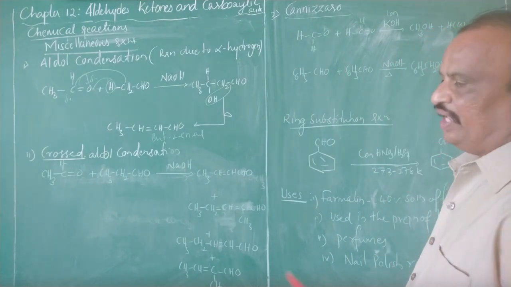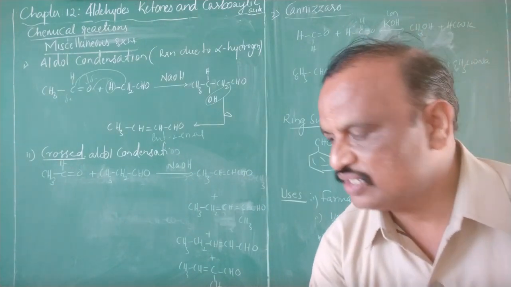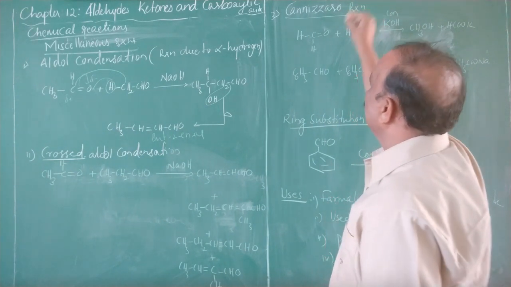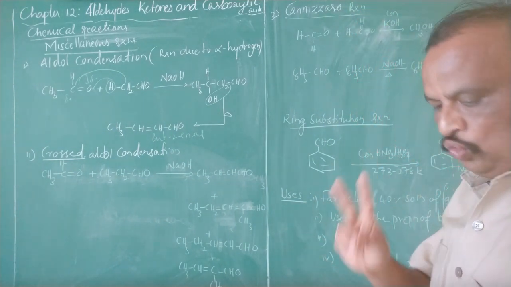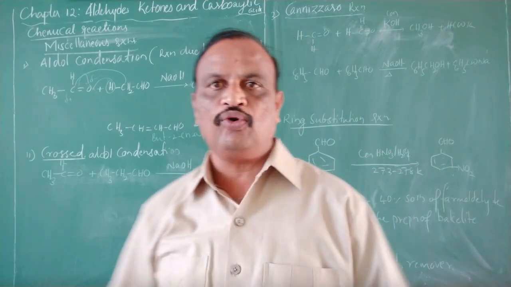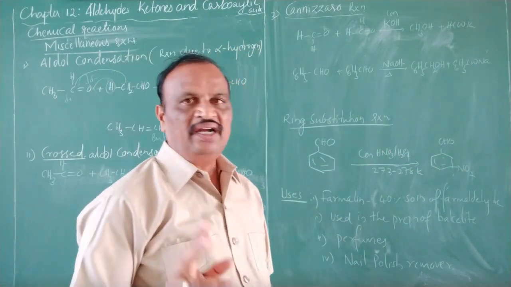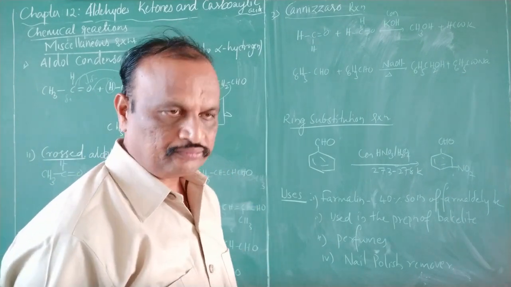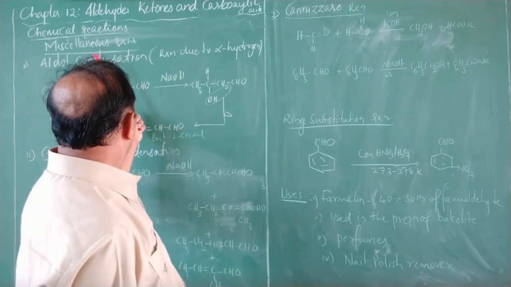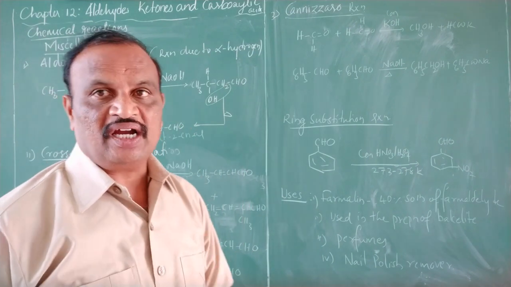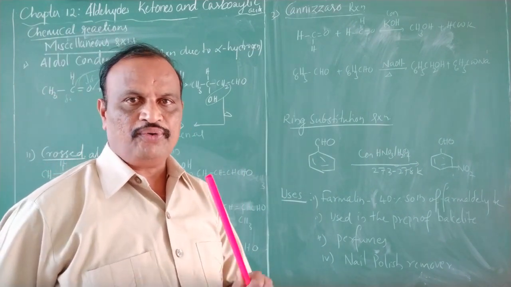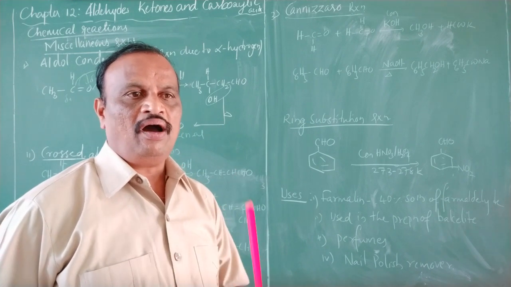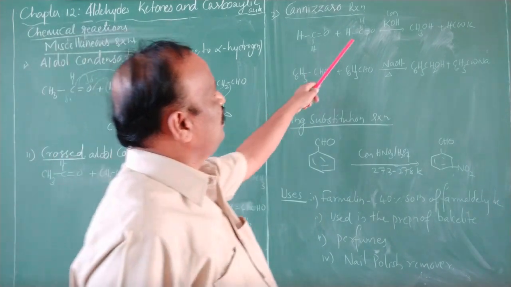Okay, right. So the Cannizzaro reaction is another important reaction here. Here, 2 moles of aldehydes which do not contain alpha hydrogen are involved. Aldol condensation is between aldehydes or ketones which contain alpha hydrogen, but this does not contain alpha hydrogen.